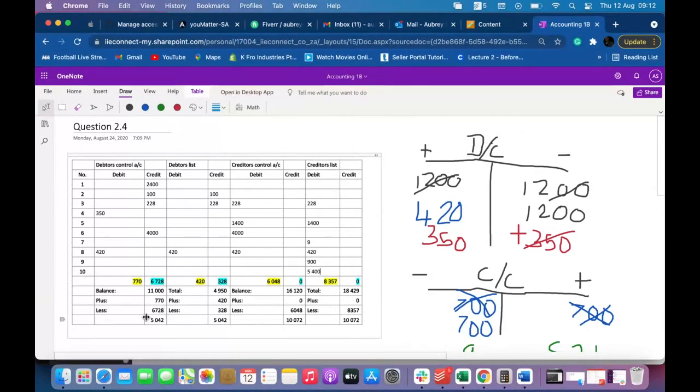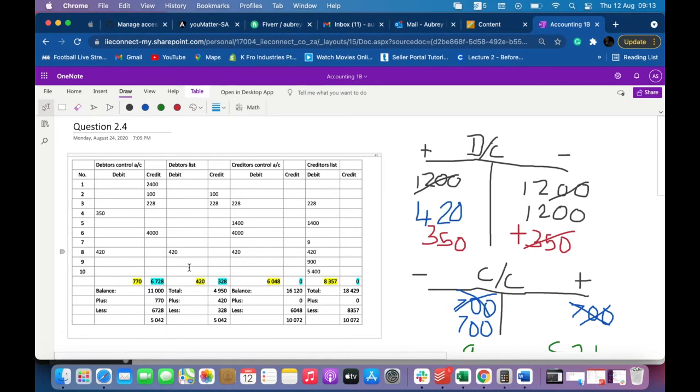Then less, minus the credit side, which we know decreases the creditor's control, and that lands us at 5,049 Rand. Okay, awesome stuff. That's fine.